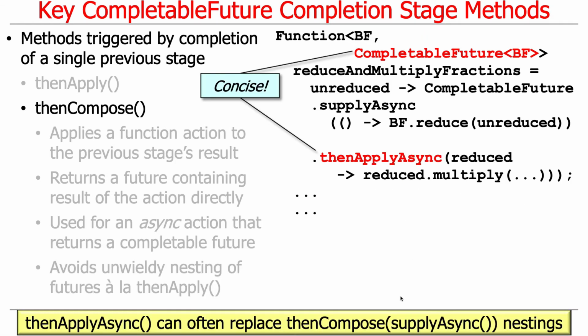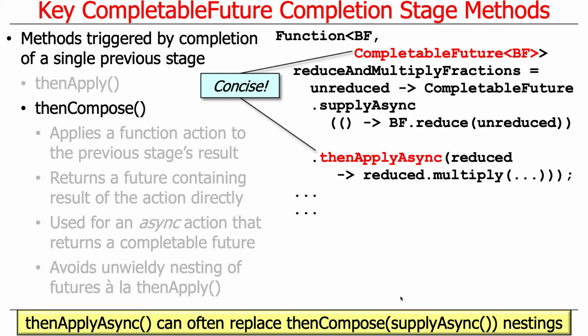There's yet another way to do this, which is to apply the async variant of then apply. So then apply also has an async variant, which will go ahead and run this particular lambda expression in another thread in the fork join pool, and it'll return a completable future to the result.